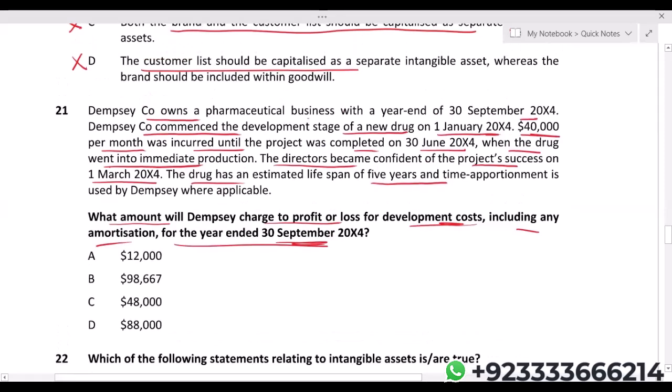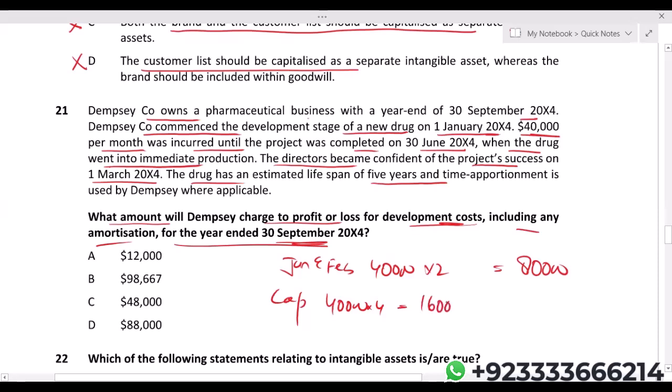So the first 2 months expenditure, they were spending how much? 40,000. So Jan and Feb, 40,000 multiplied by 2. Your capitalized amount is 40,000 into 4, that is 1,60,000.